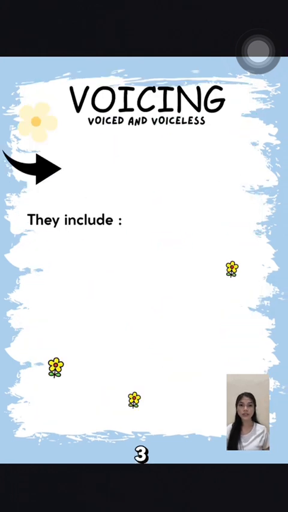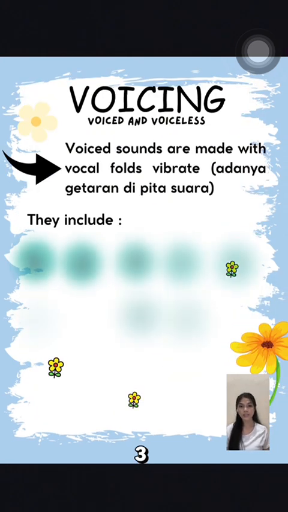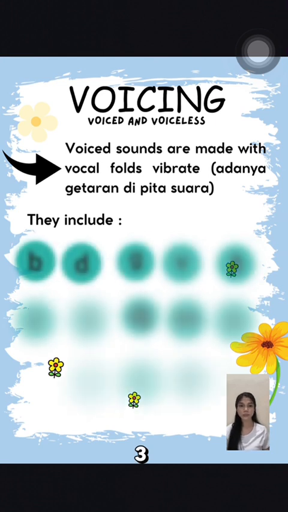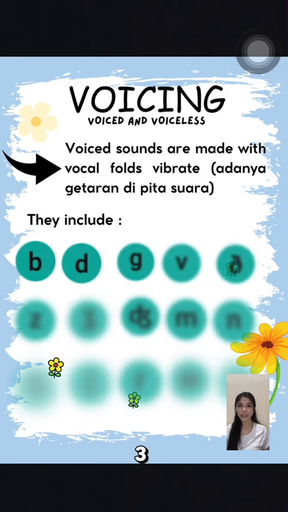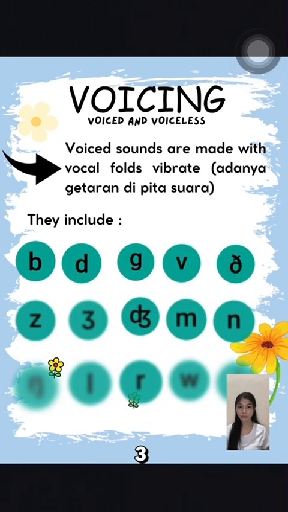Second, there is material about voicing. In this section, students can learn the difference between sounds that use vocal cord vibration and sounds that do not use vocal cord vibration. For example, sounds p and b, sounds s and z.